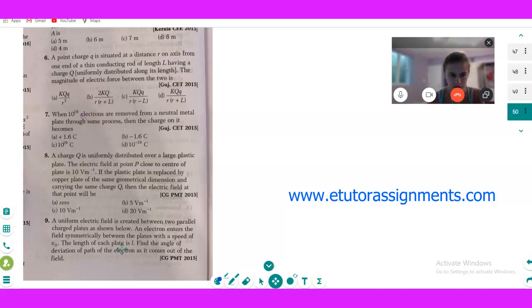So if the plastic plate is replaced by a copper plate of the same geometrical dimension and carrying the same Q charge, then the electric field at that point will be. It depends on the charges only, not on the plate. It will remain the same.